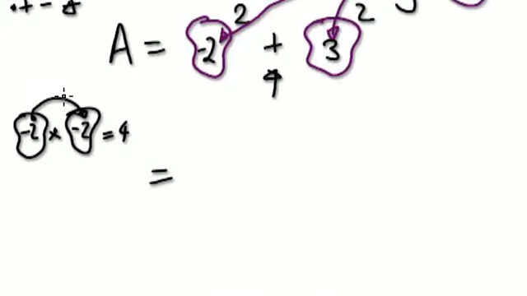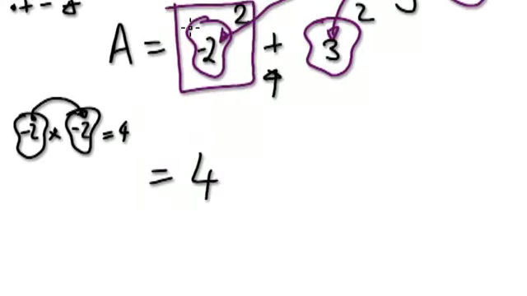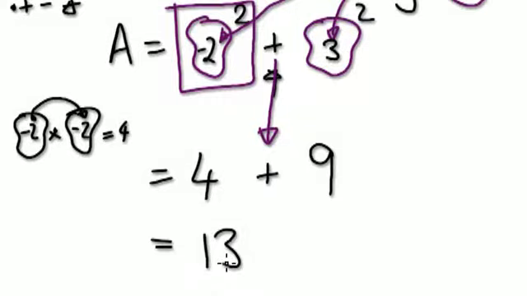If you don't understand this, then watch the really early videos. So minus 2 squared is actually 4. So this whole thing here is actually 4. Okay, and then take the plus down here, and then 3 squared, 3 times 3, is 9. So A, capital A, whatever A is, is 13.